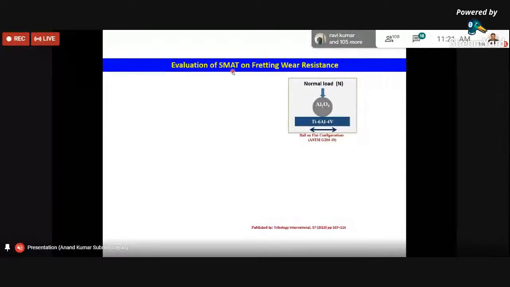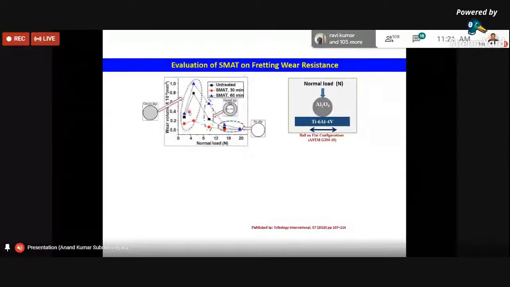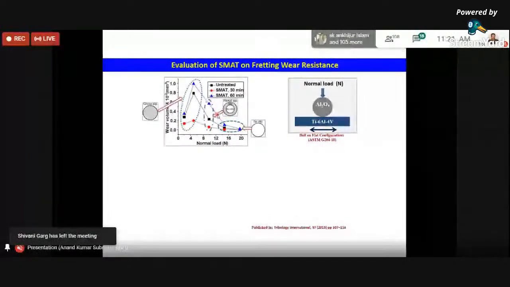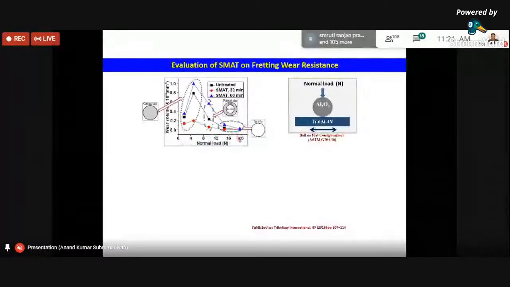Quickly, if we look at the result of the untreated and SMAT treated for 30 minutes and 60 minutes, one can find that this information is captured by increasing the normal load from low normal load to a higher normal load.